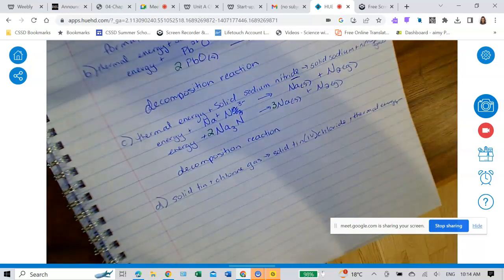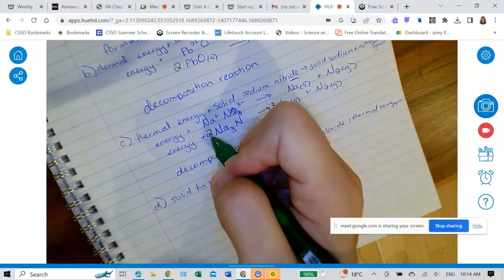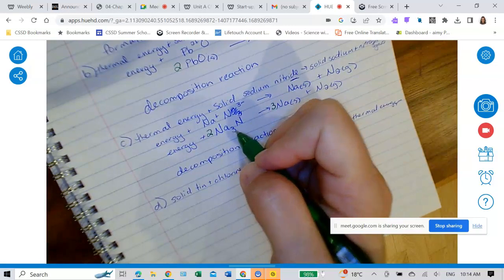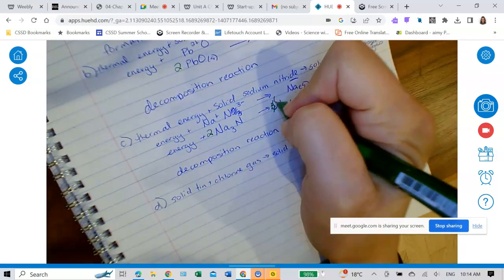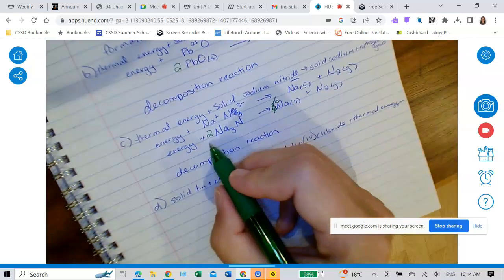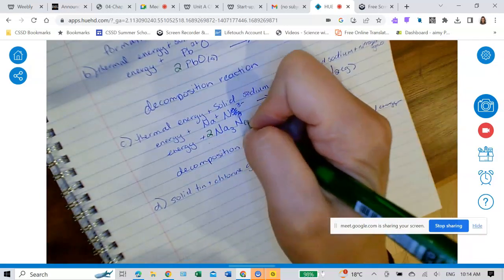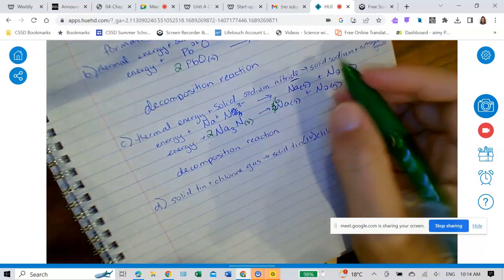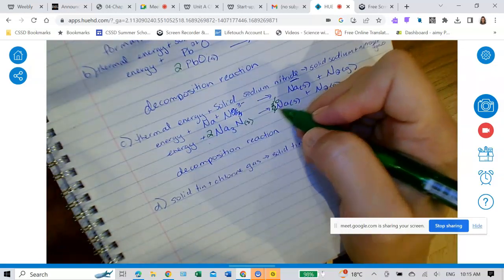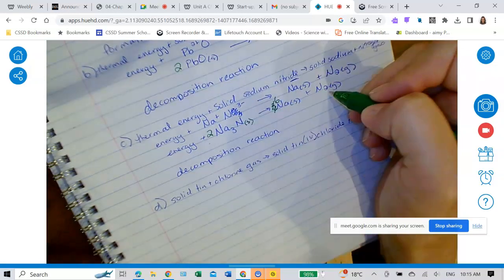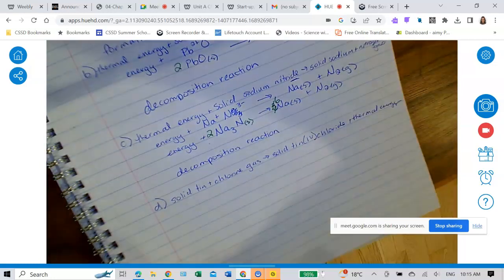But now that messes up our sodium on this side. So 2 times 3 is 6. So now I need 6 of these. So 2 sodium nitrides. Oh, you forgot the solid. Decomposes to make 6 sodiums and 2 nitrogen gases.